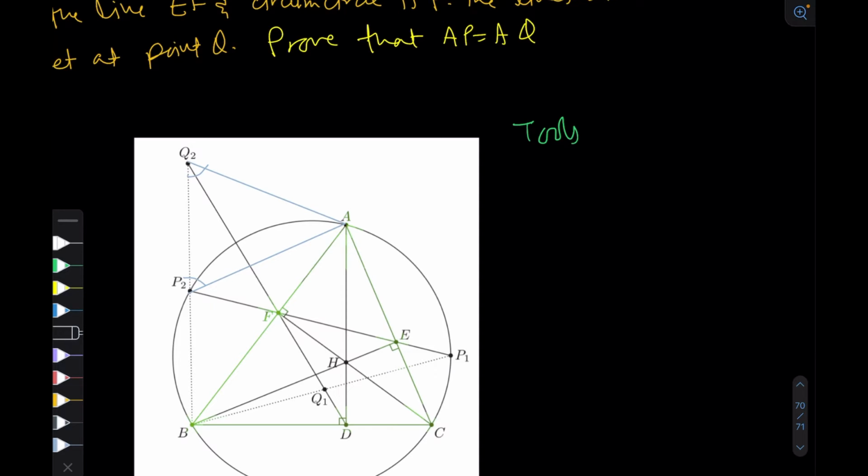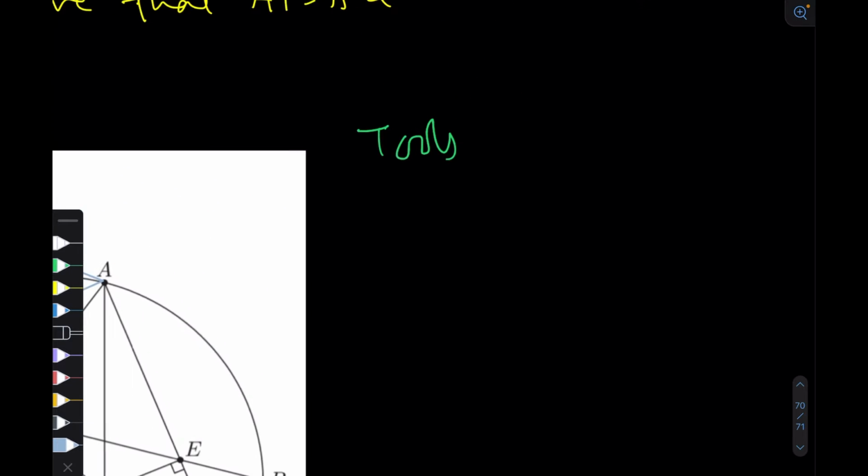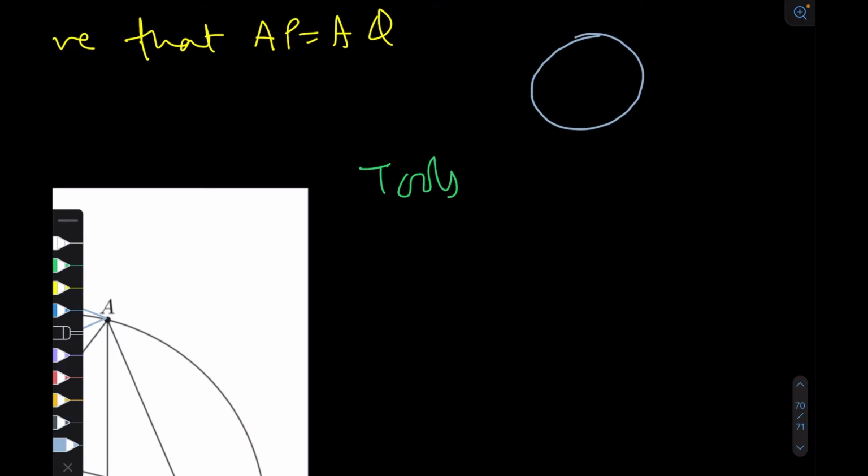So in an orthic triangle, let me erase all of this, there are a lot of neat cyclic quadrilaterals that show up. And just to get started, cyclic quadrilaterals are simply quadrilaterals all of whose points lie on the circumference of a circle. If a certain quadrilateral is cyclic, then there are certain properties which hold true.